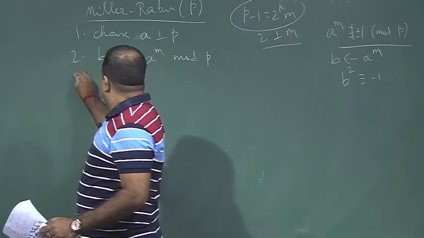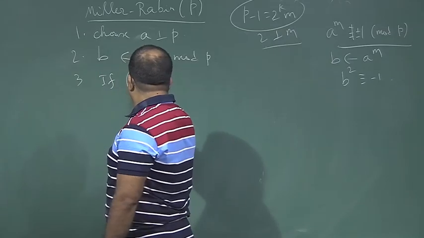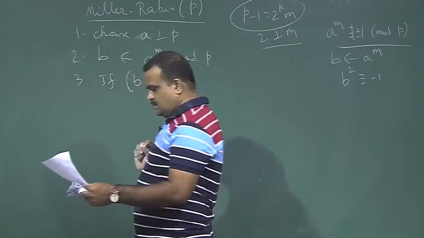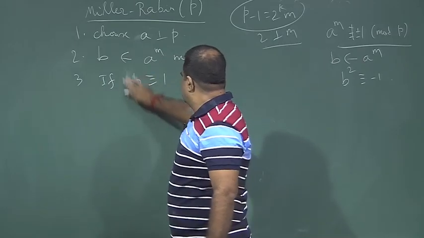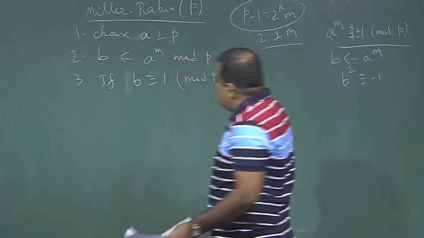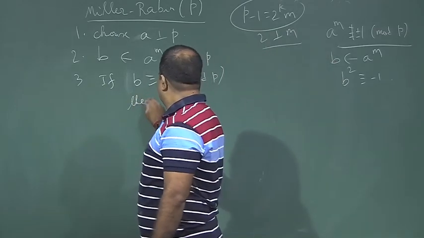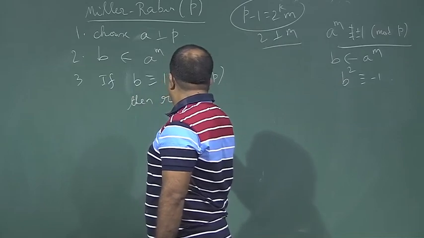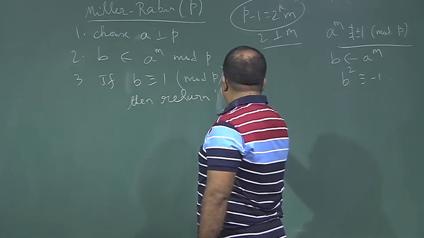Now, if b is 1 mod p, then we return p as prime.